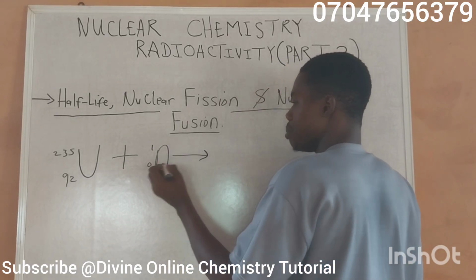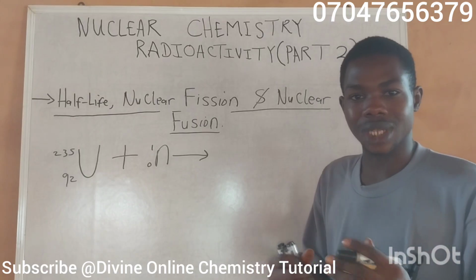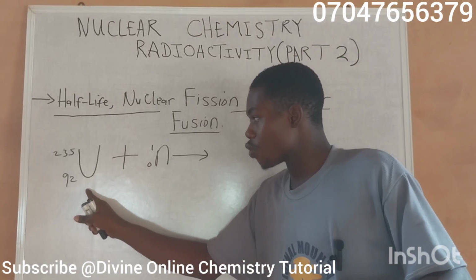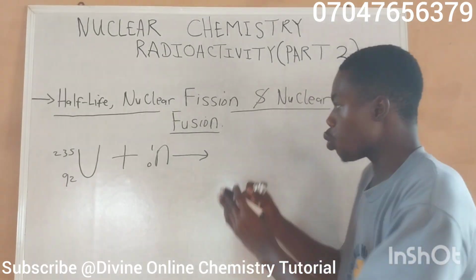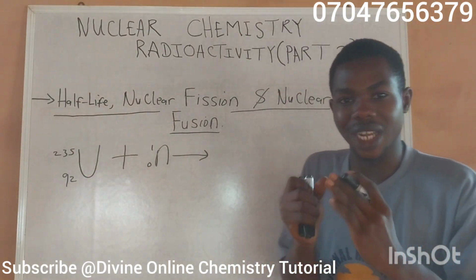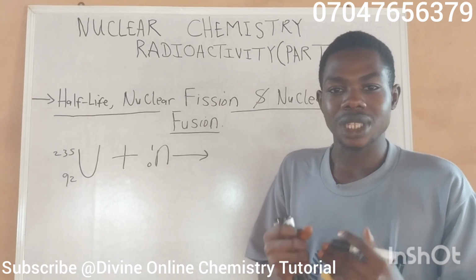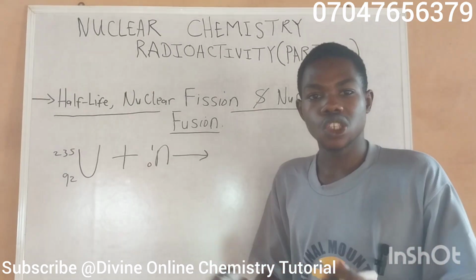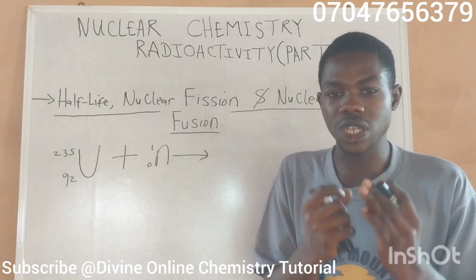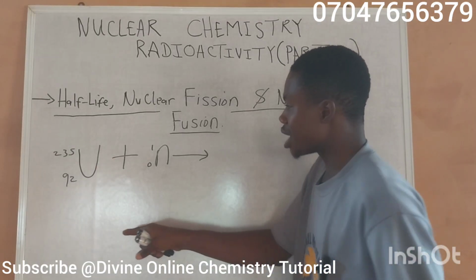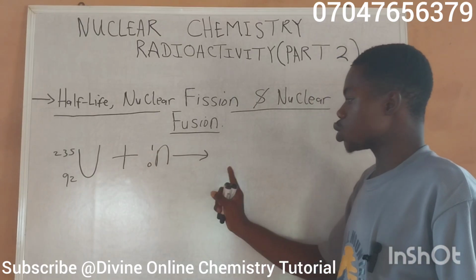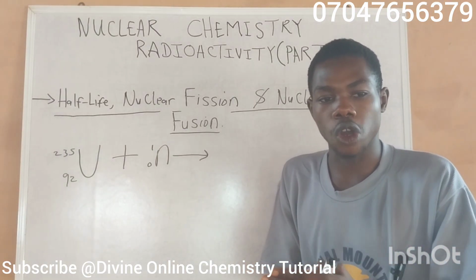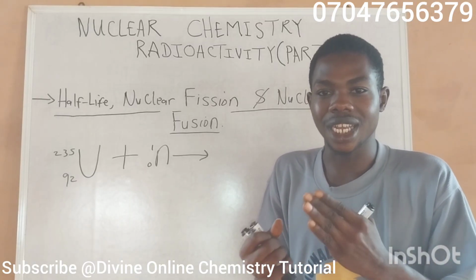Now for nuclear fission to take place, there must be a neutron. Please take note of this. Now this heavy element will split into two or more nuclei with a release of energy and radiation. Energy must still be involved. So please take note of this.